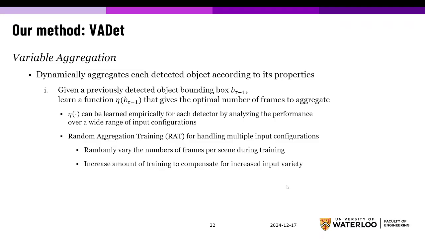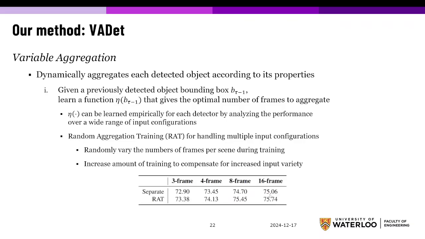And then because we have an increased variety in the training input, we also want to increase the amount of training to compensate for that. And in the end, we found that if we train the model separately using different numbers of frames, compared to training a single model using random aggregation training, the performance trend is consistent.